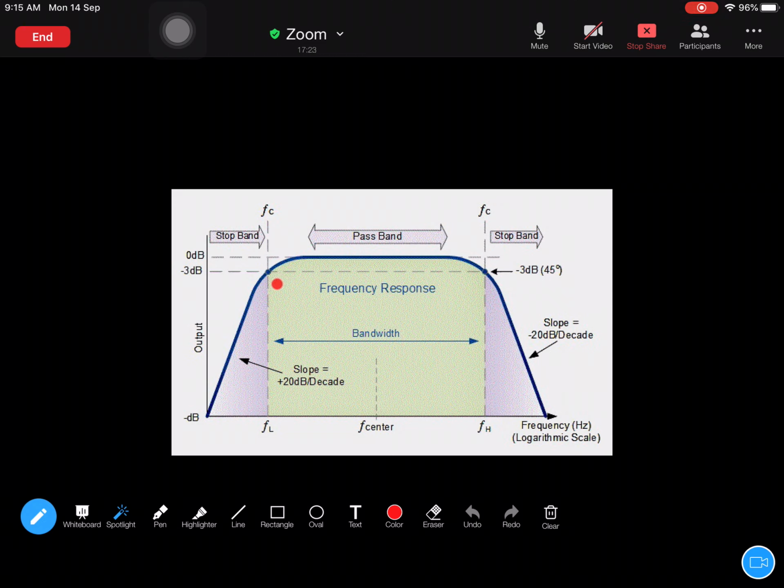And if you operate the transistor below that frequency, the power gain will be dropping dramatically, and at the same time voltage and current gain values also will be very less, which is not desirable. Similarly, on this side, beyond the high frequency range, that is FH, the same thing happens.